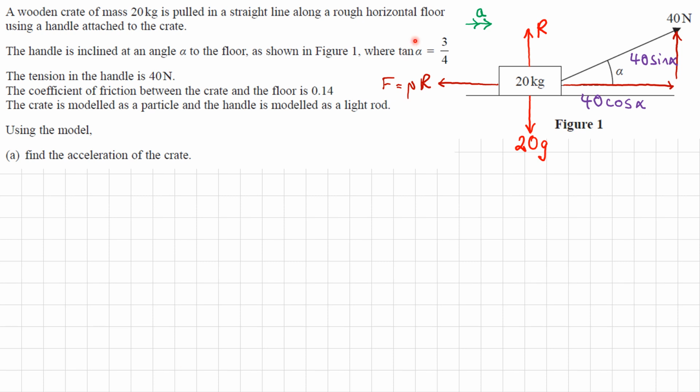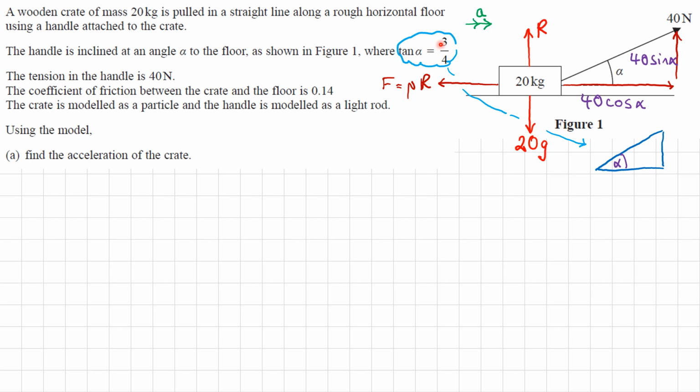Now I'm just going to go back to this tan alpha being given as 3/4, and work out from this the exact value of sine alpha and cos alpha, because I'll need those in a moment. So just draw a right angle triangle like this, call this angle alpha.